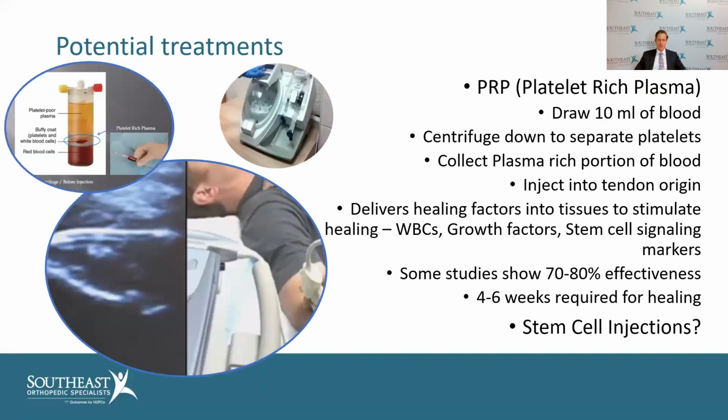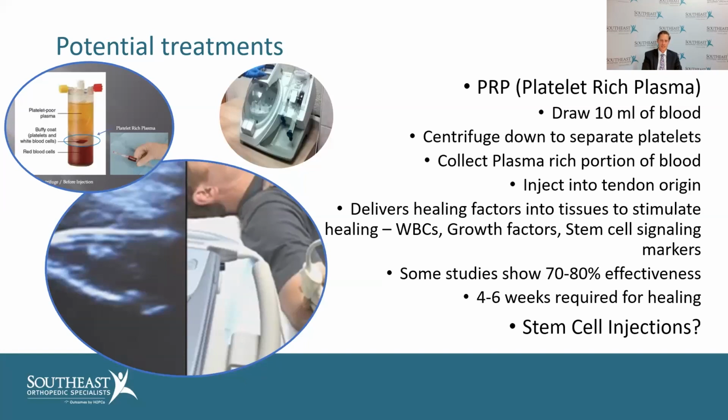One of the potential treatments that I think does show some promise, and I've had some success with in patients that come in and let's say their primary care doctor has given them 4, 5, 6 cortisone injections. They really have shown no improvement over a long period of time, maybe 1 year, 2 years, 3 years, is using platelet-rich plasma, PRP, or what we call autologous conditioned plasma, ACP.